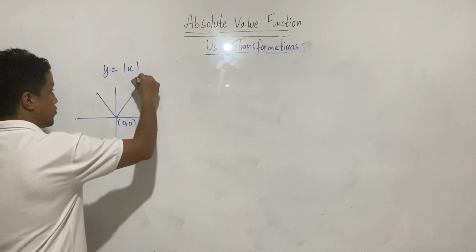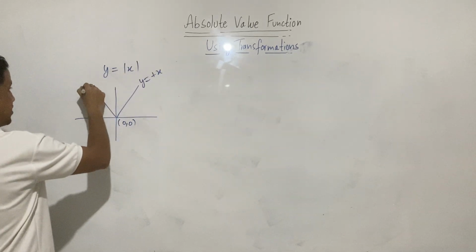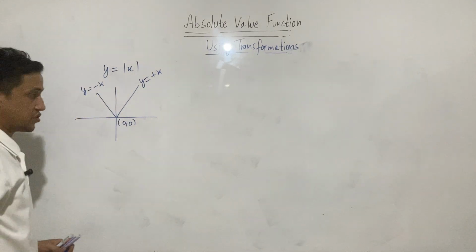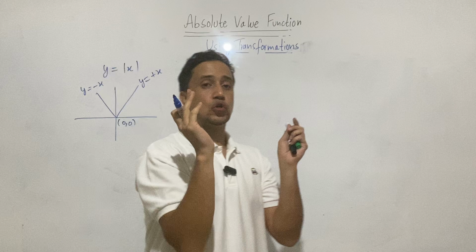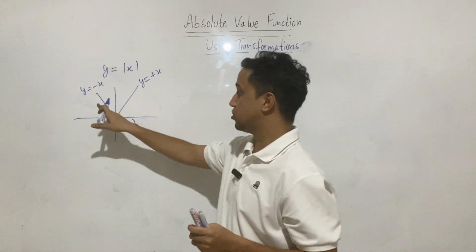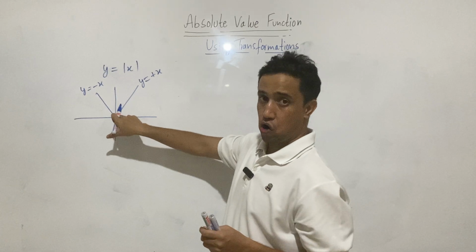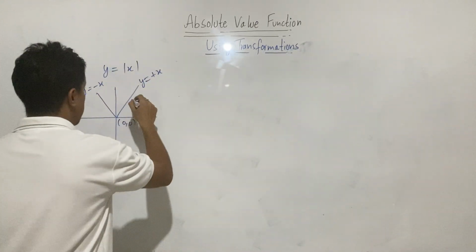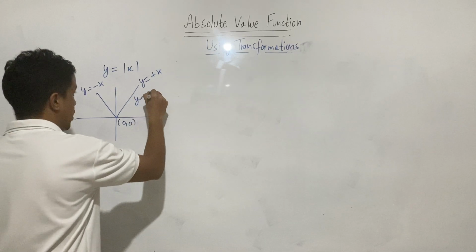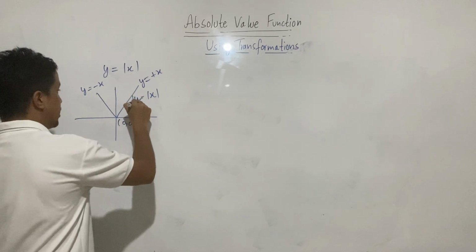This side represents positive x, this side represents negative x. When these two lines meet each other at the origin, making a vertex here, this is the graph of the parent function. That's what we did.